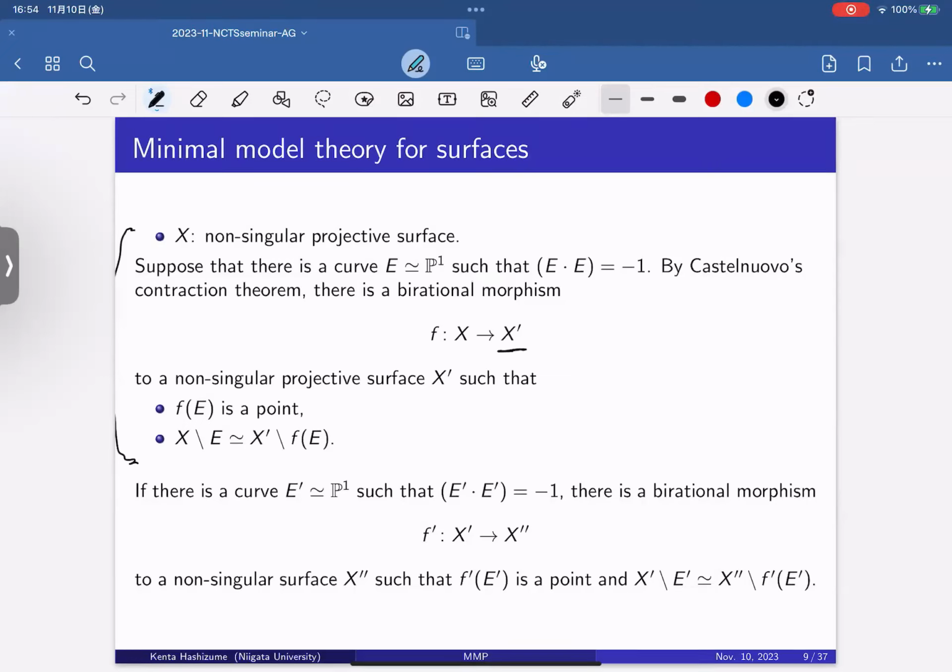Next, if there is a -1 curve on X prime, then we use Castelnuovo's contraction theorem, and we get a new smooth variety. In the second step, if there is no -1 curve, then we stop.